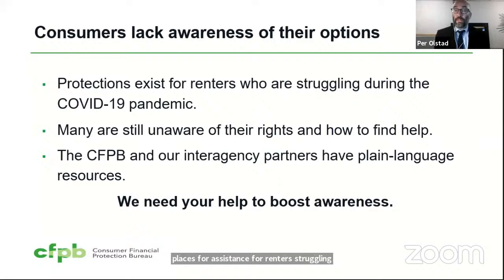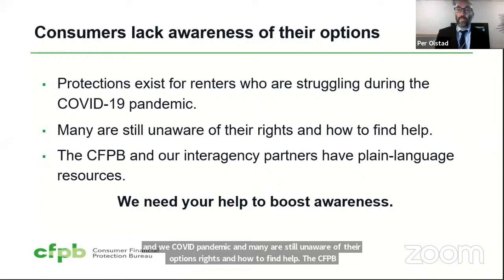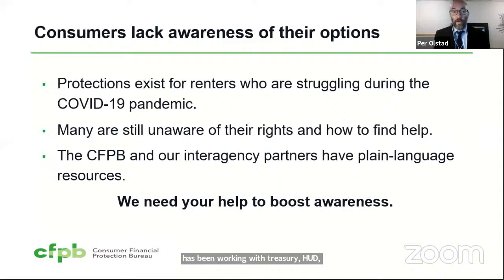The CFPB for the last year and a half now has been working with Treasury, HUD, FHFA, USDA, VA, and a range of other federal stakeholders and partners to provide a single source of federal resources for anyone, anywhere in the country on how to understand the resources and assistance available to them to help navigate the housing insecurity challenges brought on by the pandemic.